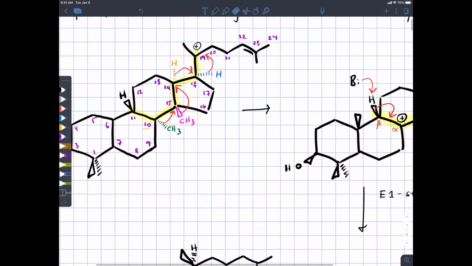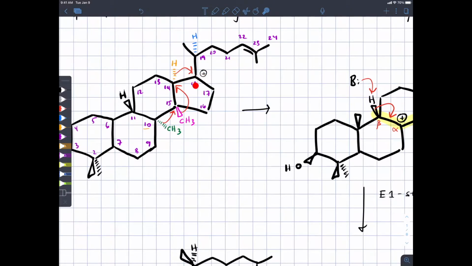I guess the other thing I want to point out is that at each stage along this rearrangement pathway, you end up trading one tertiary carbocation for another. And so you'd expect the energy changes to be small. In general, the trading from one tertiary carbocation to another directs where the positive charge goes.